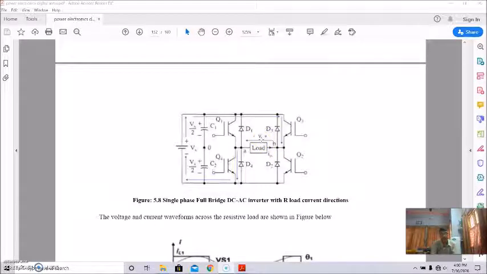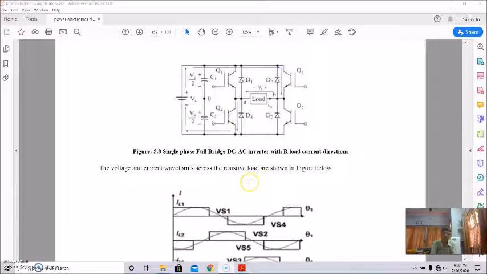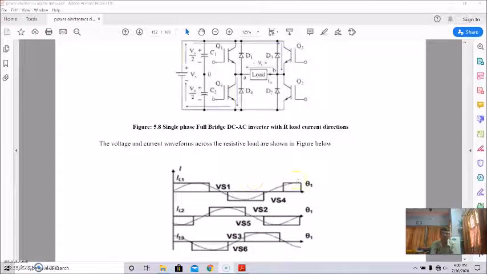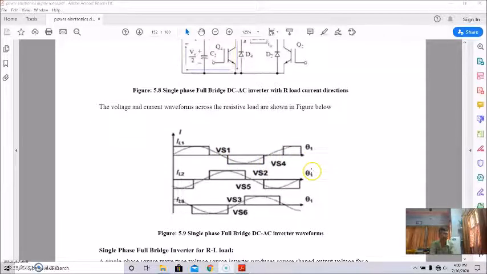So the voltage and current waveforms across the resistive load will be like this. This is the voltage waveform. This is for switch Vs1. This is for Vs2. This is for Vs4, etc. Clear?